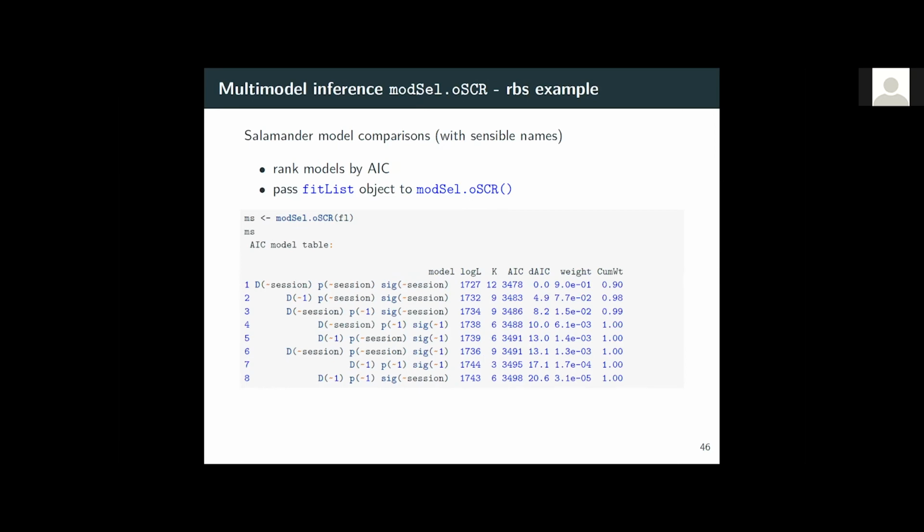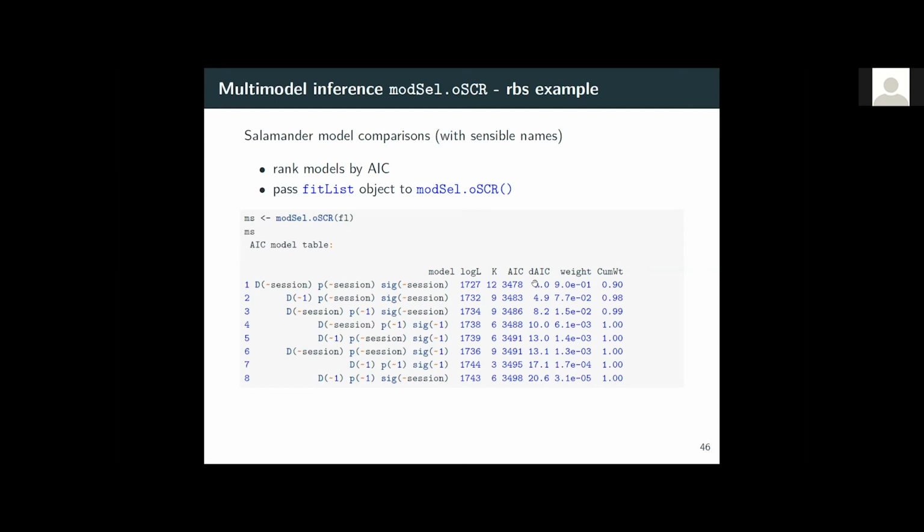What we can do is pass that fit list to the mod cell function and then inspect that object, and what you end up getting is a nicely AIC ranked model table. So you have your log likelihood, the number of parameters in the model, your AIC scores, your delta AIC, so the difference between this model and the top model, the AIC top model.